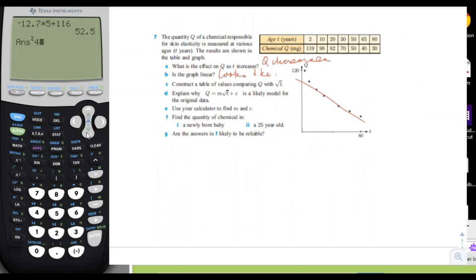Construct a table of values comparing Q with square root of T. Now they're going to kind of tell us maybe it's not so linear.